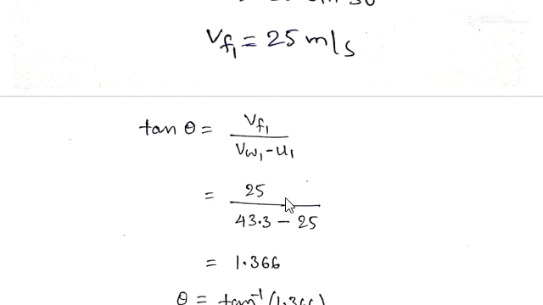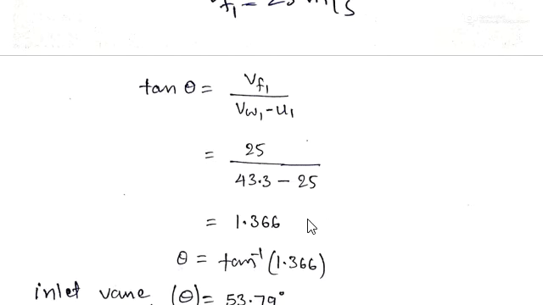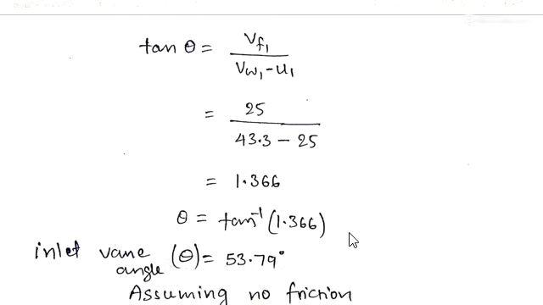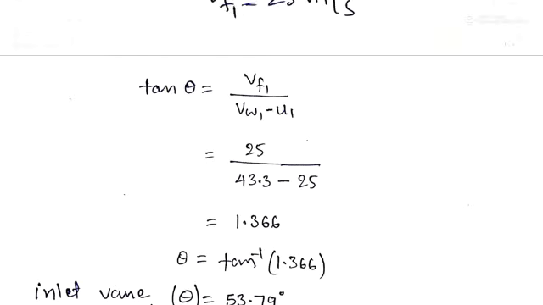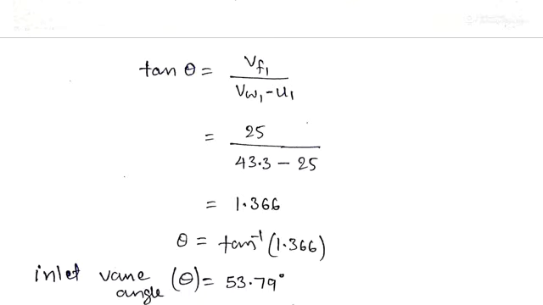When you substitute the values and simplify, we are getting tan theta as 1.366, or theta equals tan inverse of 1.366, and simplifying that, we are getting theta value as 53.79 degrees. So theta is nothing but the inlet vane angle, and that is the symbol we take for inlet vane angle.